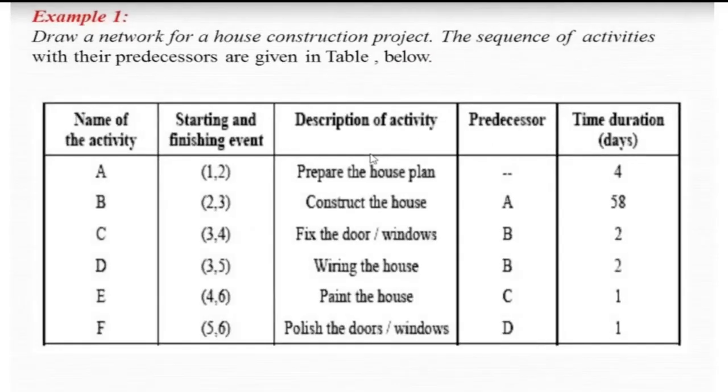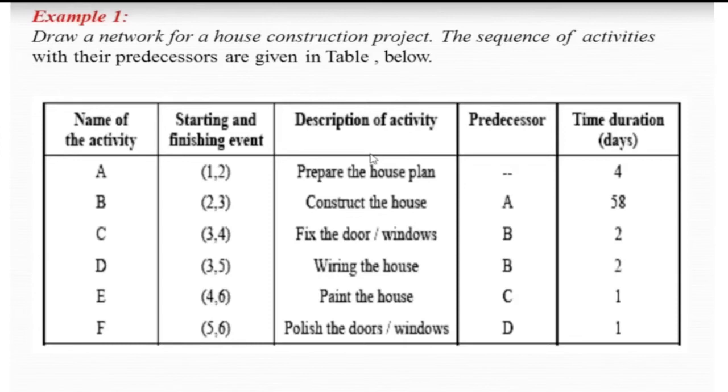Now let us go to the example. It says here, draw a network for a house construction project. The sequence of activities with their predecessors are given in the table below. So you have here a table with the names of the activities from A to F, and also the events stated for each activity.